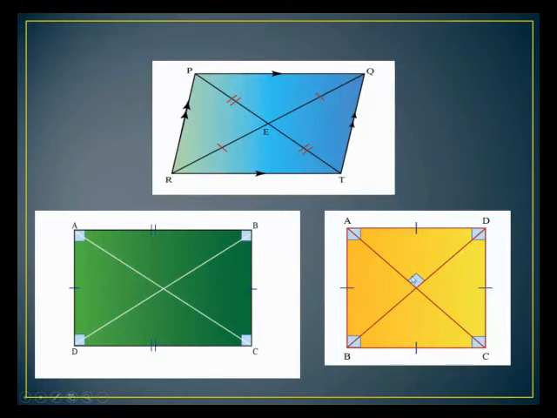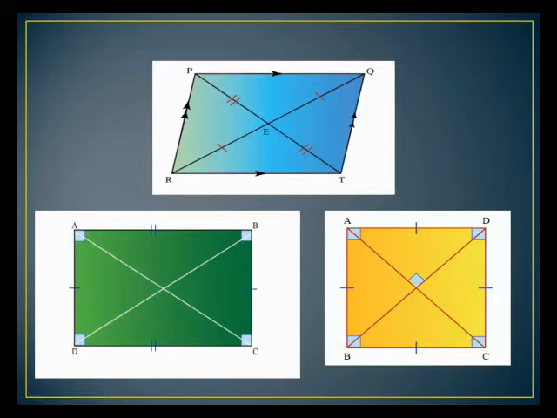You can see that if we measure this angle, it is always 90 degrees. If we measure this angle or this angle, every angle formed at that point is 90 degrees. Means they are perpendicular to each other. So that's why we say that the diagonals of a square are perpendicular to each other.